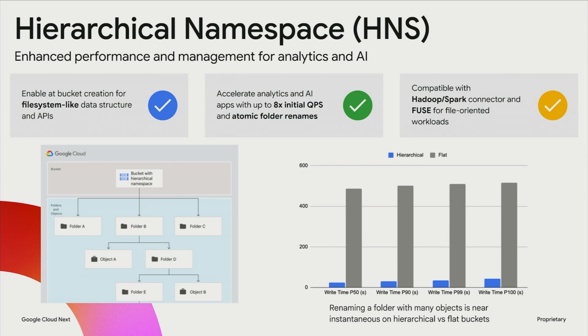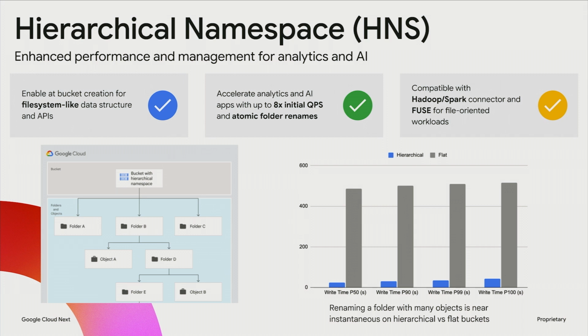So we built a hierarchical namespace bucket called the HNS bucket that provides native support for some of the file system operations, particularly directory operations: renaming a directory, creating a directory, deleting a directory, and a lot of those directory operations. That will dramatically help any of your workloads which have those types of operations.